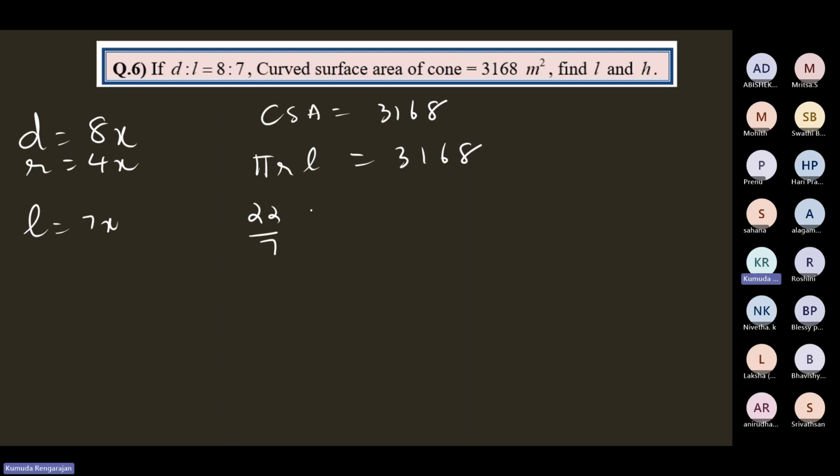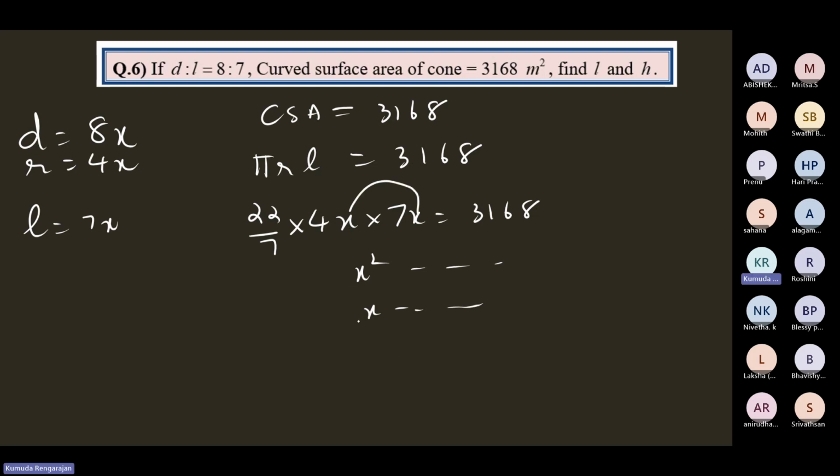So 22 by 7. See, whenever you're given volume or CSA, you should work with that one. Write that. CSA is equal to 3168. CSA is pi RL. Pi RL is equal to 3168. 22 by 7 into radius 4x into slant height 7x is equal to 3168. When you work this, you'll get x square is equal to something and x is equal to something, because x into x is x square.